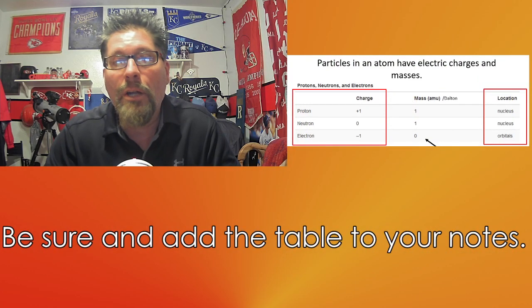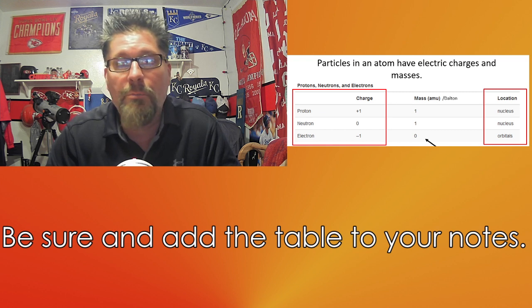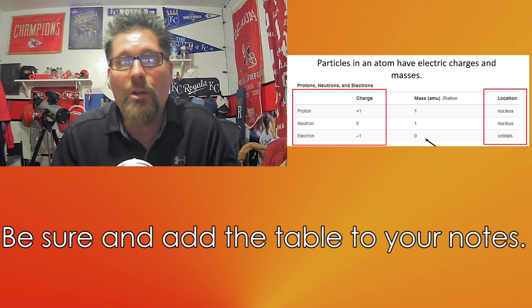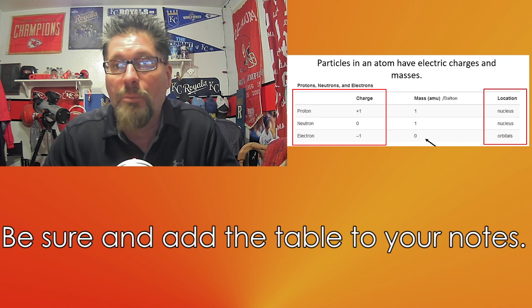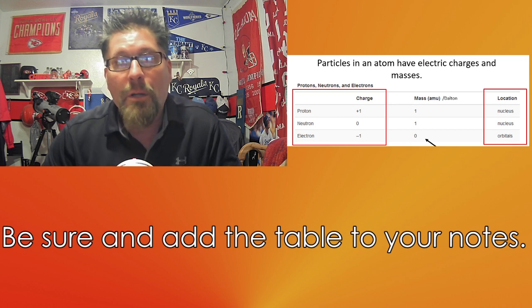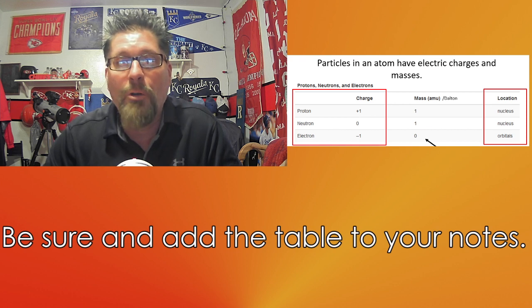In each of these subatomic particles, the protons, neutrons, and electrons, there's some information about them, and as you can see, it says there to add the table. Add this table to your notes, but I am going to talk about it. Protons and neutrons do have a mass. There is a little bit of weight to them, but it is so small you could not use a traditional unit: ounces, pounds, grams, whatever. It would be such a small decimal number that it wouldn't be very usable in science documentation.